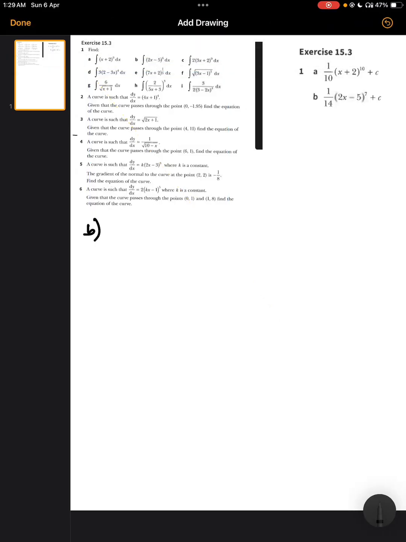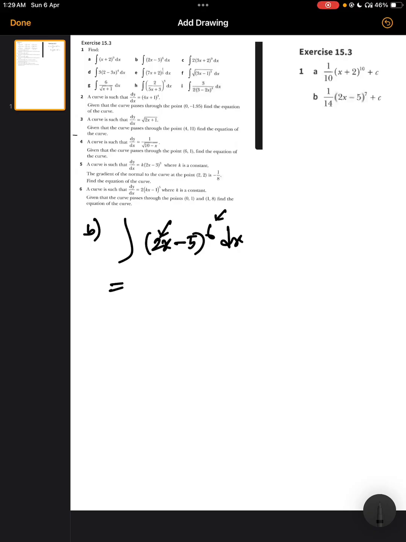Now question number b, the integration of (2x minus 5) to the power 6 dx. Guys, you should always remember that here b does not matter anymore. Here I'm seeing 2 is our a and 6 is our n, so we can apply the formula.